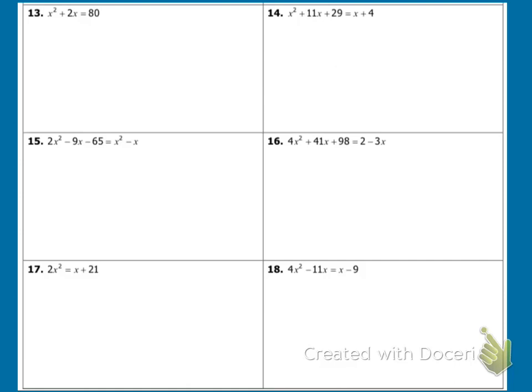Now I'm going to select a couple more of these to do with you, and we'll leave the rest as part of your homework, along with the accompanying homework worksheet that goes along with this. So we'll have you complete that homework worksheet and the rest of these notes once we get done with a few more of these. So again, these are getting more complicated because there's terms on both sides.